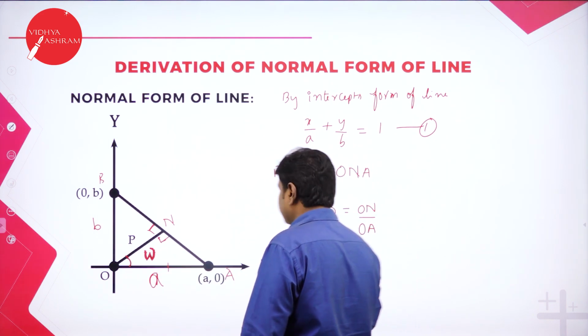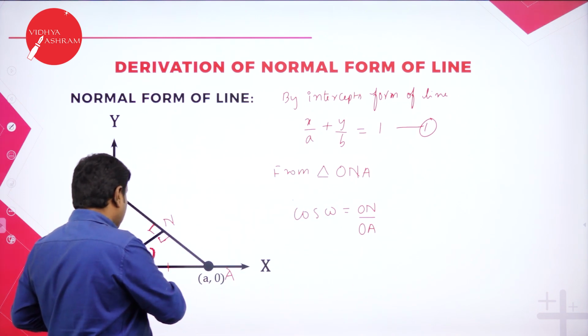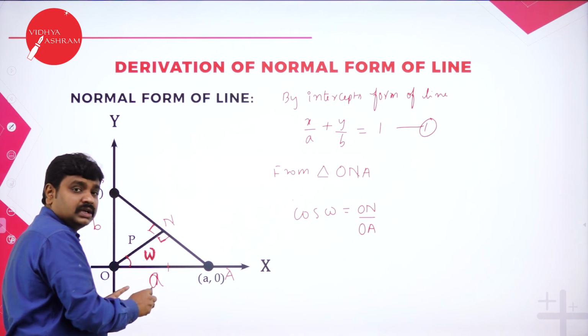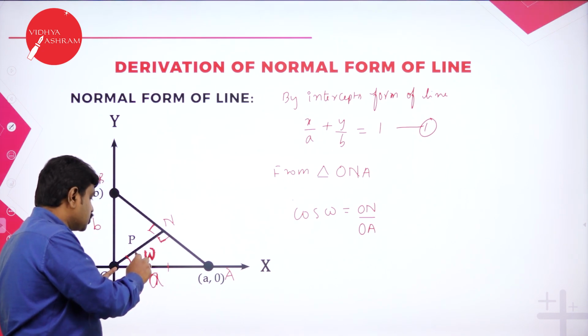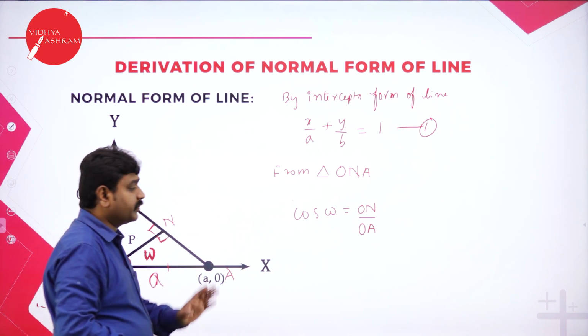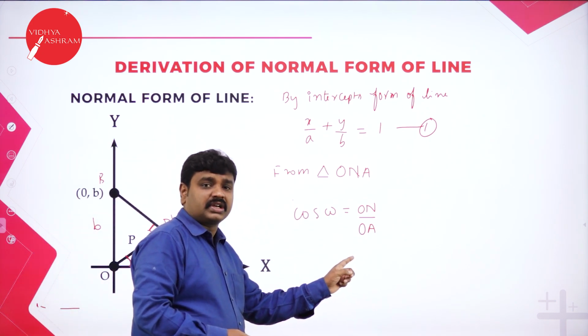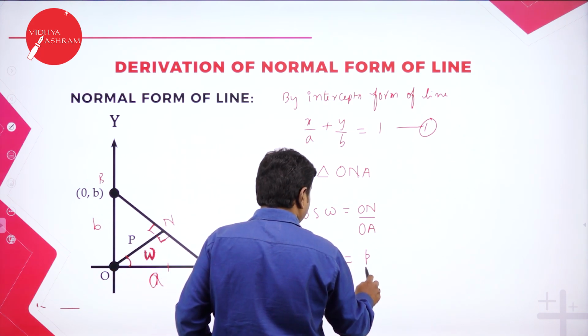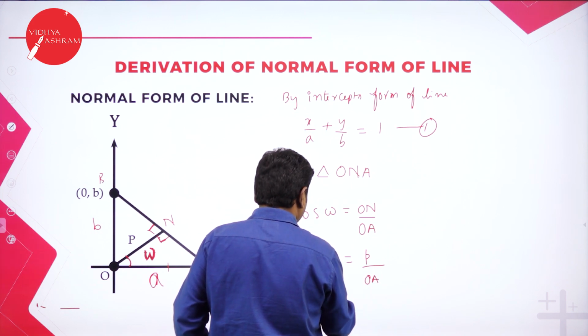Are you able to follow this? So I have taken a triangle called ONA. From the right angle triangle, this is a right angle here. So right angle triangle, so cos means what? Adjacent. Adjacent is ON and hypotenuse is OA. ON by OA. Cos means what? Adjacent by hypotenuse. And you know ON is length of perpendicular. I can put P, and OA we don't know, cos omega.